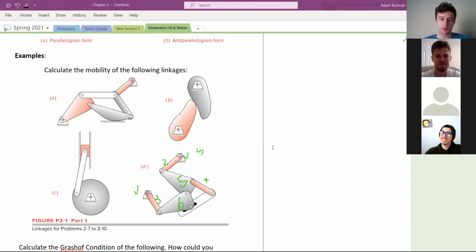So how did you see it as part of the ground? Well, I didn't see it as part of the ground. I considered it as a link. Okay. But I considered it as 2 links because of just how the math came out. But I'll consider it as 1 link right now.